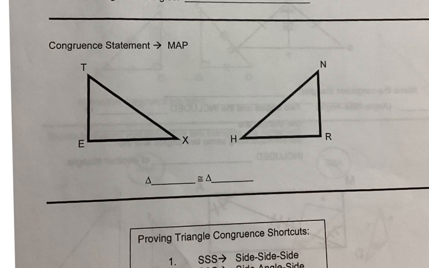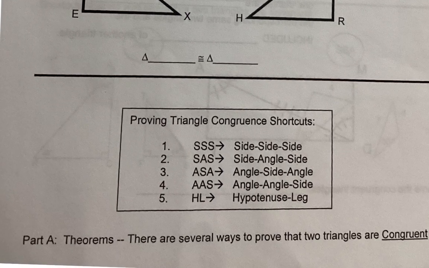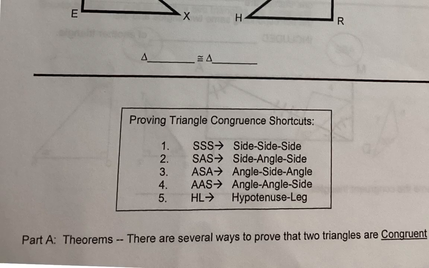Now, there are five methods that we're going to talk about. If I can show that all three sides are the same in both triangles, the corresponding sides, then I can say the whole triangle is congruent. I don't need to find the other three parts.